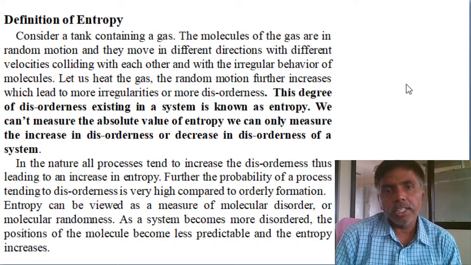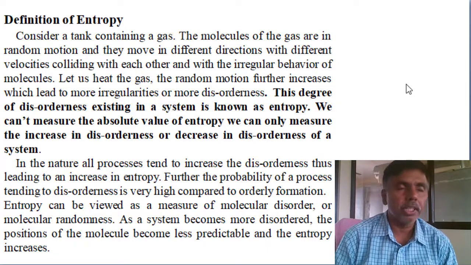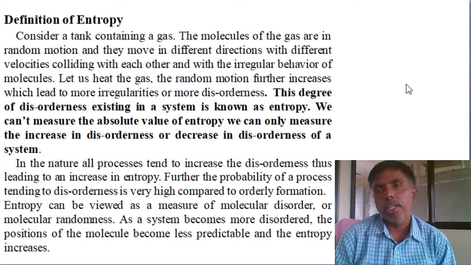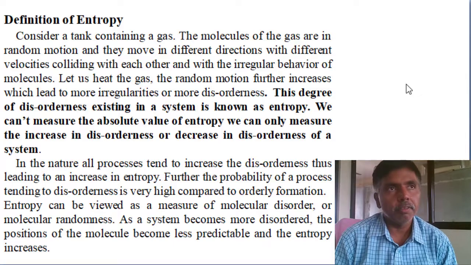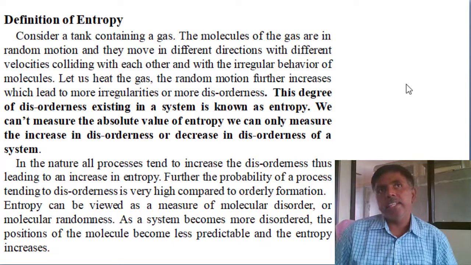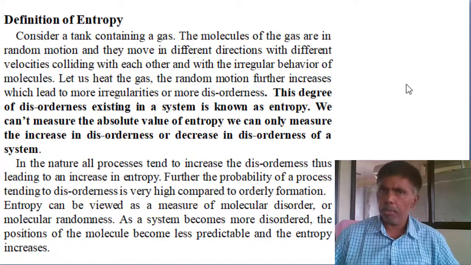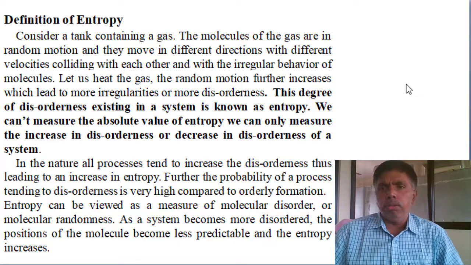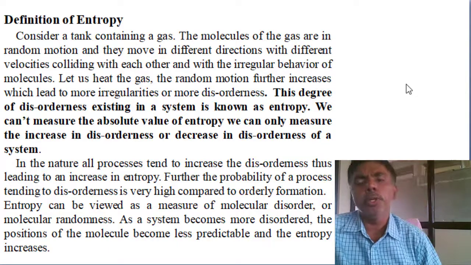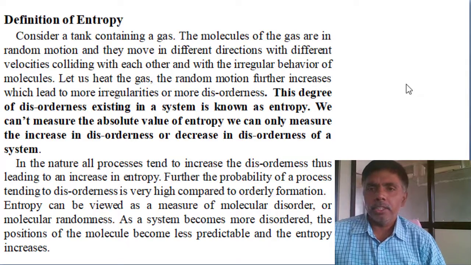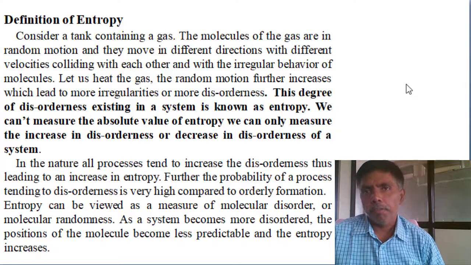So up to now we have not defined entropy. Just one property was introduced, which we named entropy. What is entropy? One tank contains molecules, air molecules or something. They are freely movable. So automatically, if you supply some heat, further random movement will take place. The degree of disorderness existing in the system is known as entropy. But we can't know the absolute value.